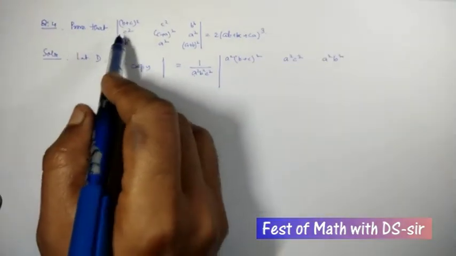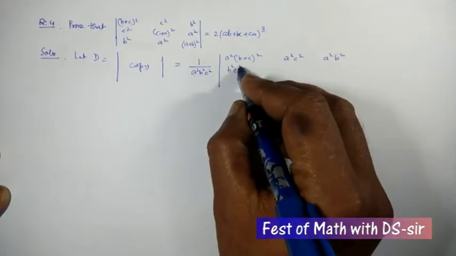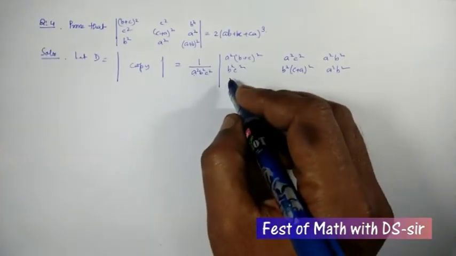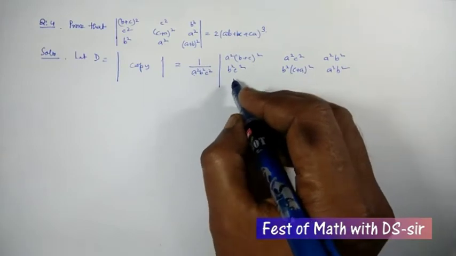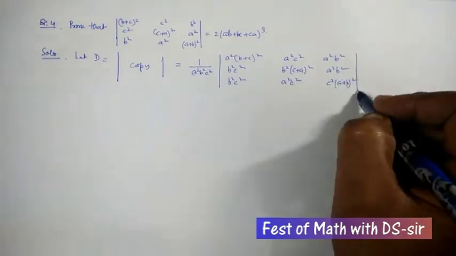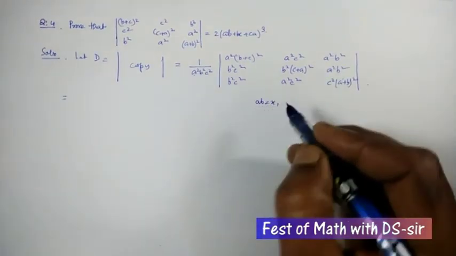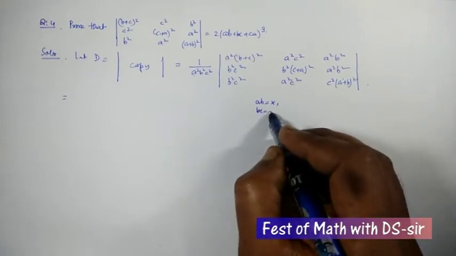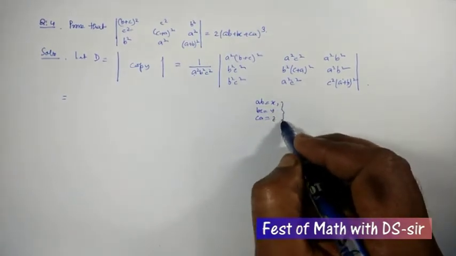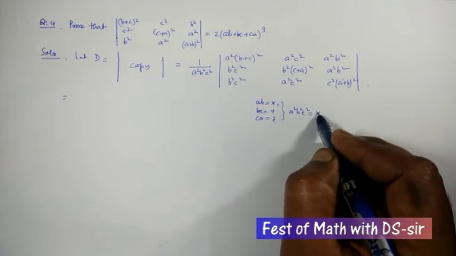I will multiply the second row by B square. That's why B square comes here. Likewise, multiply the third row by C square. Assume that AB is X, BC is Y, and CA is Z. Then note that A square B square C square is XYZ.